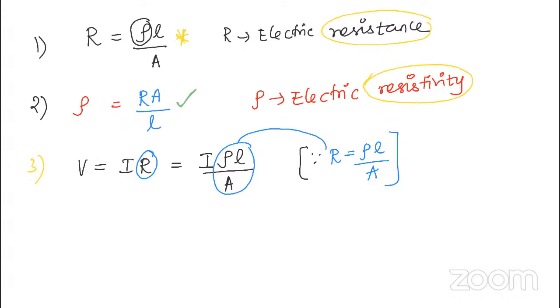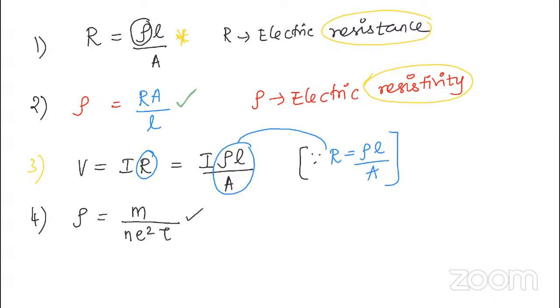Then there is one more equation for resistivity rho. Rho should be represented as m divided by n e square tau.